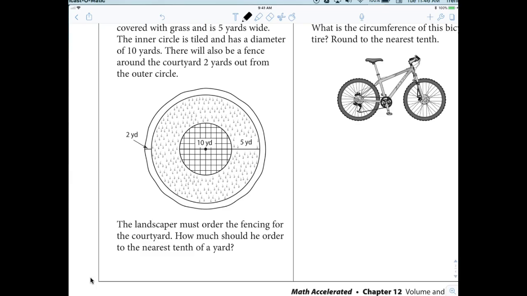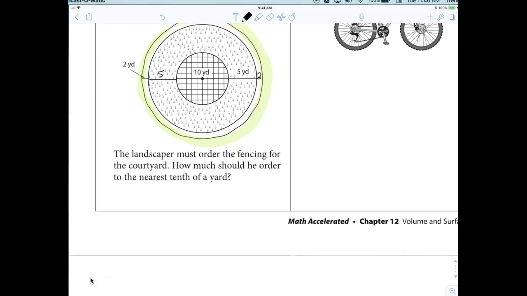All right, now look, all we're doing is, if I'm not mistaken, we're coming all the way around here, correct? That's my fence. Do you agree? So I got to figure out what the diameter is, right? So from there is 5, do you agree? And this is what? 2 here, right? So the diameter is what? That's what I got.